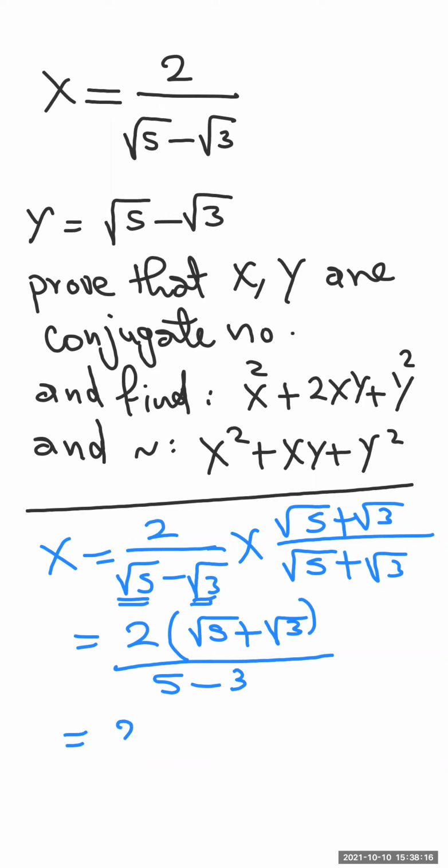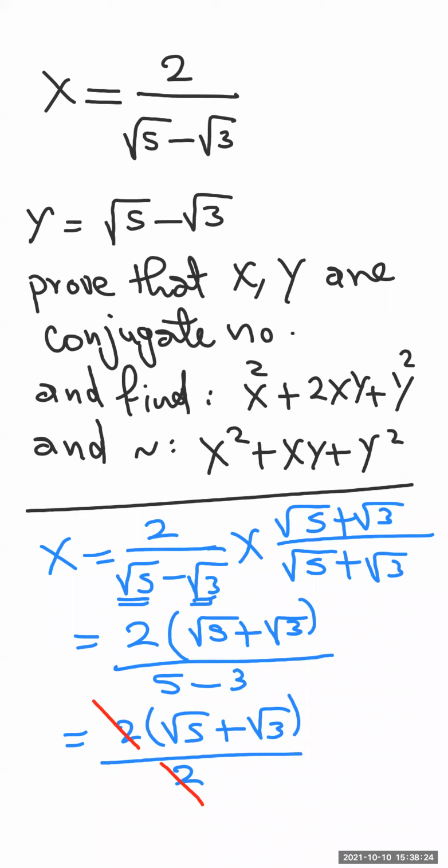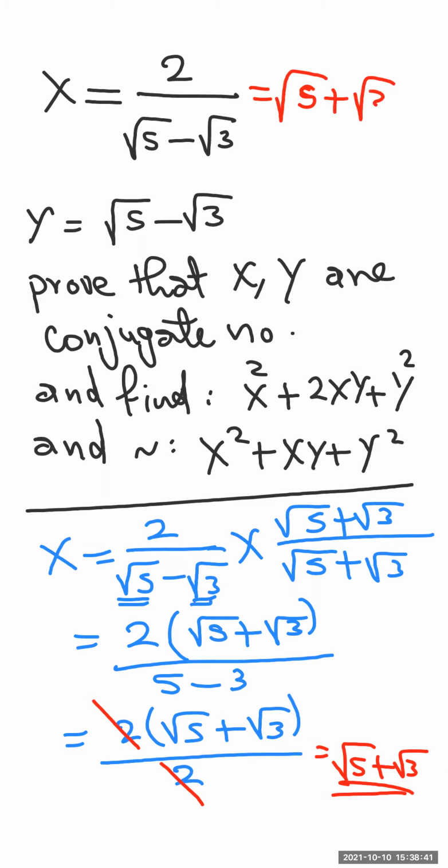So now x will equal 2 times the square root of 5 plus the square root of 3 over 5 minus 3, which is 2. Now cancel 2 and 2, then it will equal the square root of 5 plus the square root of 3. So finally, x will equal the square root of 5 plus the square root of 3.